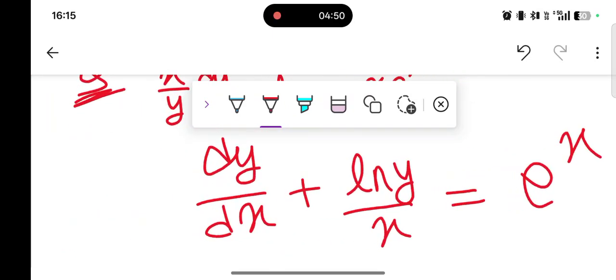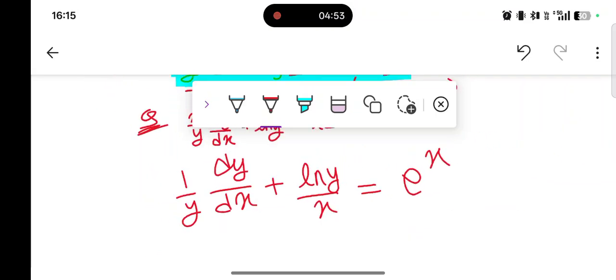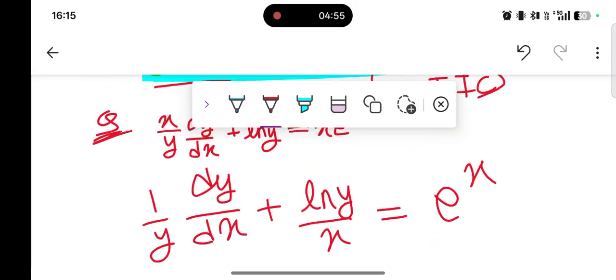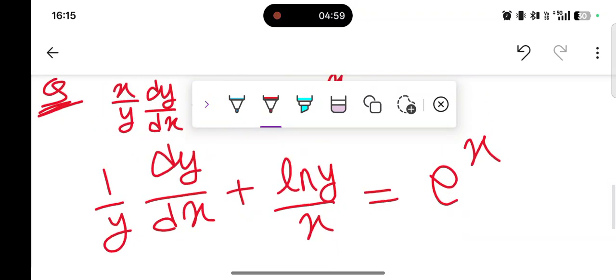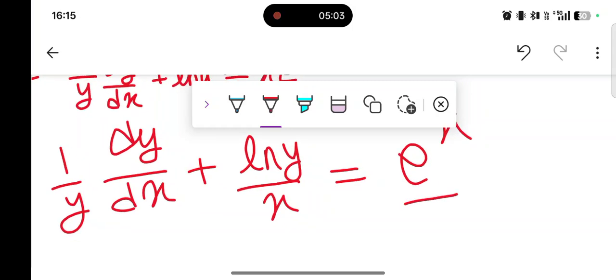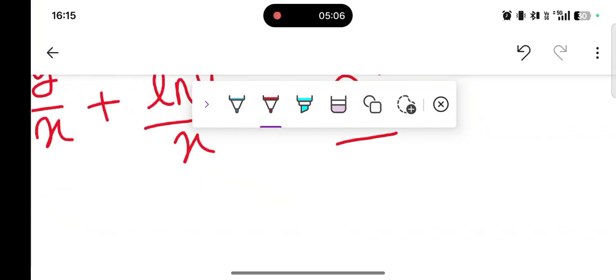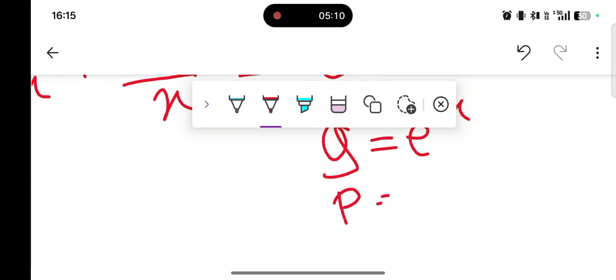Now this is 1 by y, right? I am dividing by x at the left side and also at the right side, so you will get something like that. Now it is very clear that q is e to the power x, and p is 1 by x.